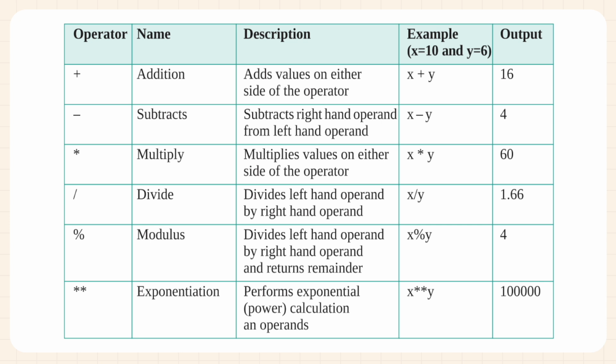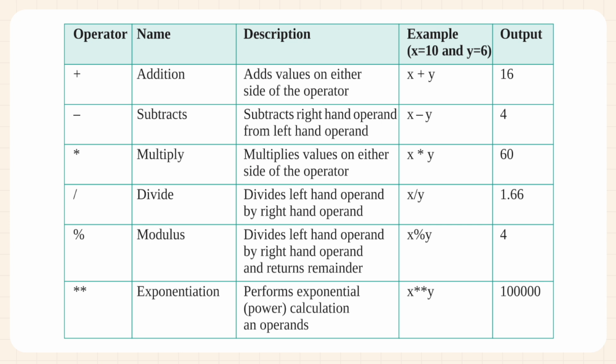Minus, subtraction, subtracts right-hand operand from left-hand operand, x - y, 4. Times, multiplication, multiplies values on either side of the operator, x * y, 60. Divide, divides left-hand operand by right-hand operand, x / y, 1.66.